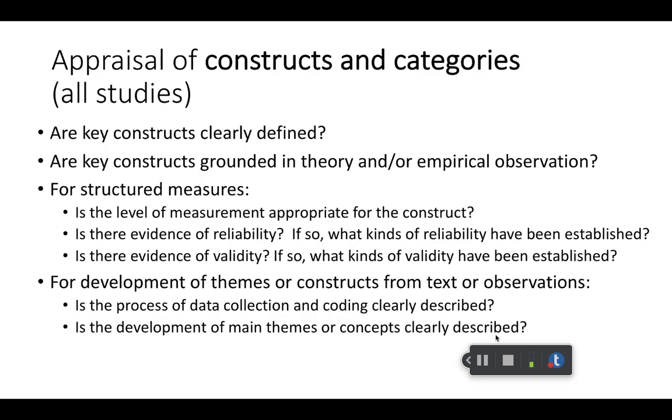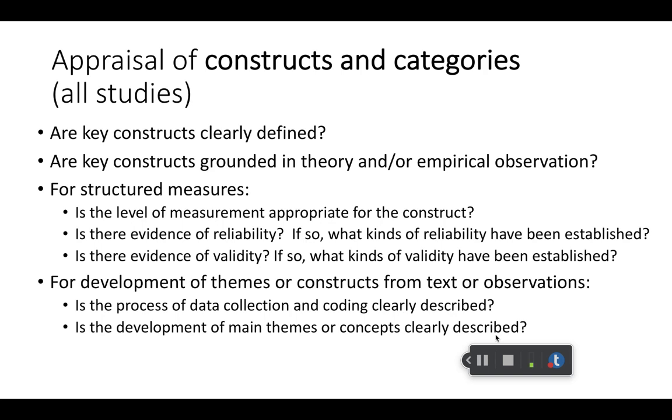Then we move into appraisal of constructs and categories. And again, we do this for all studies because all studies have constructs. And the questions are: are the main ideas, the key constructs, clearly defined? Are the key constructs grounded in theory and/or empirical observation? And then for structured or quantitative measures, we'll ask the following three questions.